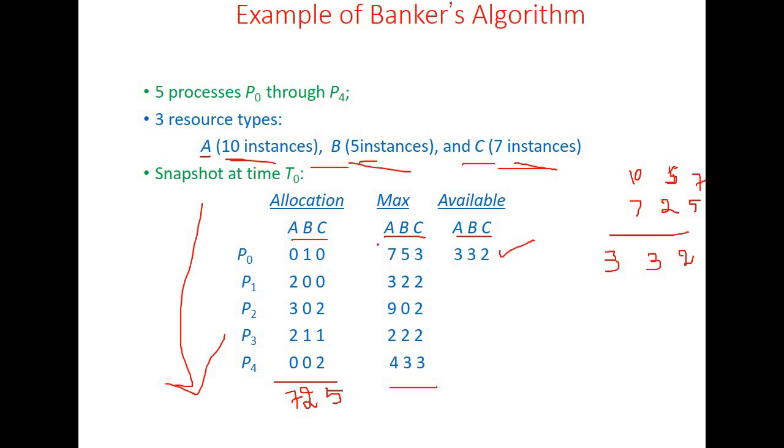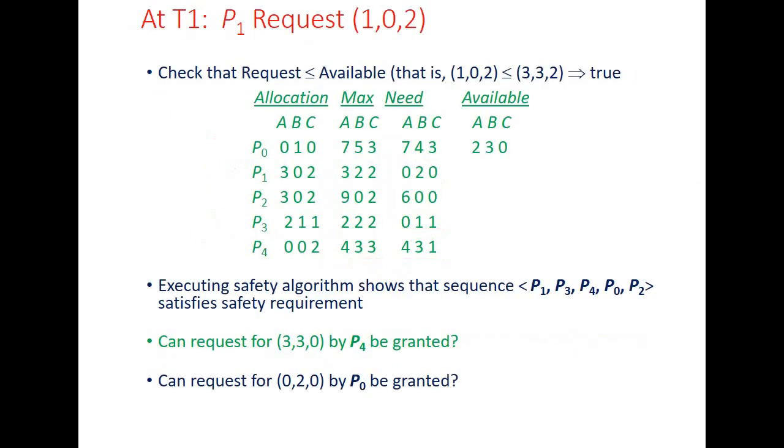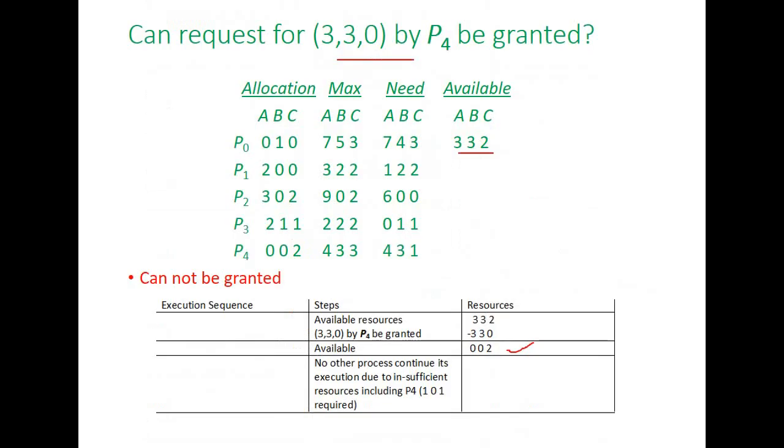P4 requires a maximum of 433 resources. So from 433, we are granting 330.